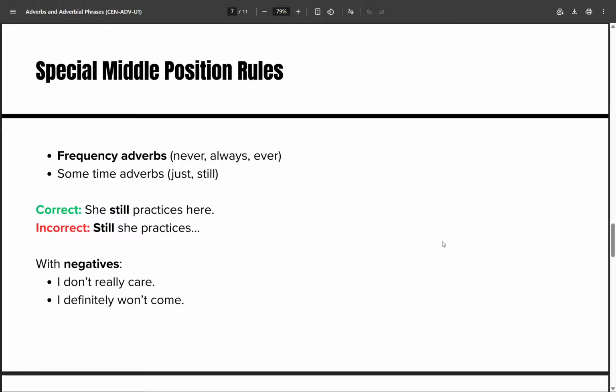We say the negative auxiliary before the adverb: I don't really care. But we say the adverb before the negative modal verb: I definitely won't. For the first one, you can even say I really don't care, but the meanings may be different. I don't really care is different from I really don't care.